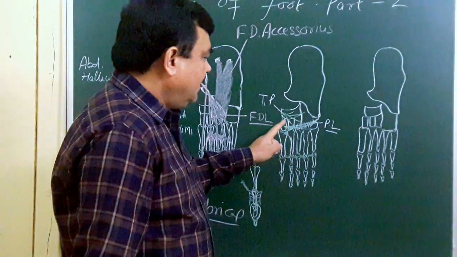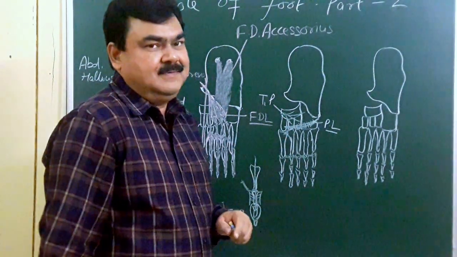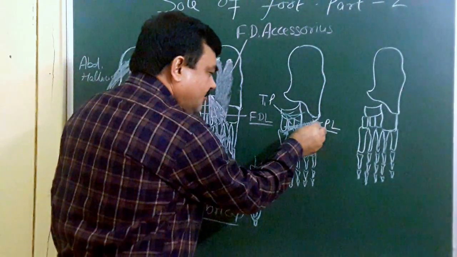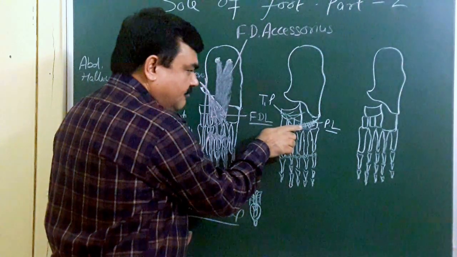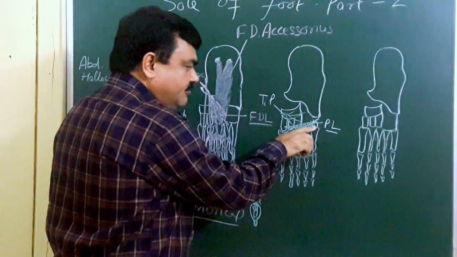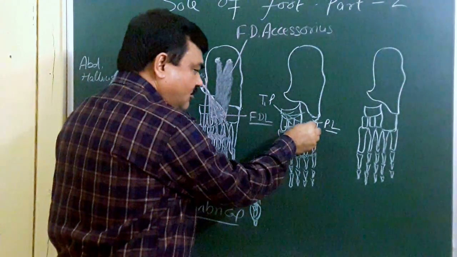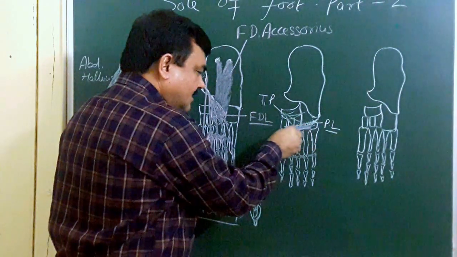After this, we will discuss the muscles of this region. Here is one muscle which takes origin from the margin of this osseofibrous tunnel. It takes origin from the cuboid and lateral cuneiform like this.